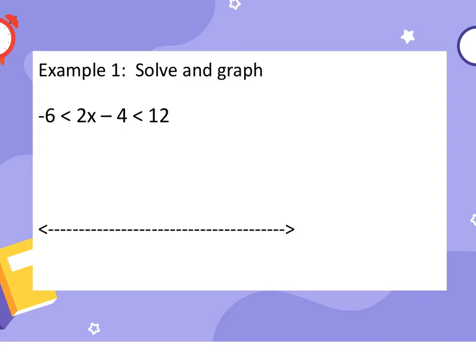two separate problems, okay? The first problem is just going to be this right here. So -6 is less than 2x minus 4. So I'm going to write that over here to the side. That is my first problem. My second problem is going to be 2x minus 4 is less than 12.